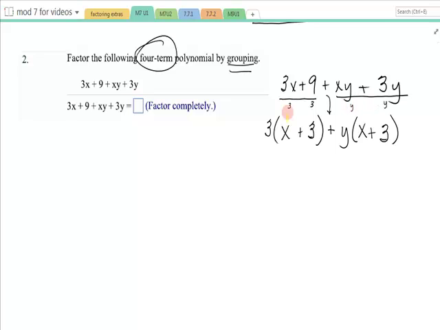Now if you're doing it right, the binomial in parentheses will be the same. If it's the same, you can factor it out. So I put it in front, and if I grabbed it out of each of these, it would leave me with, and now this is multiplication, 3 plus y.